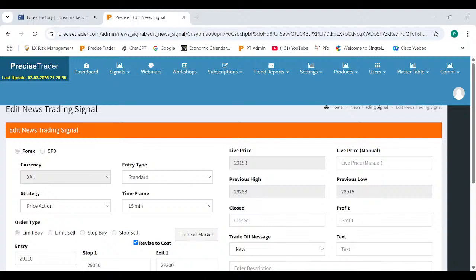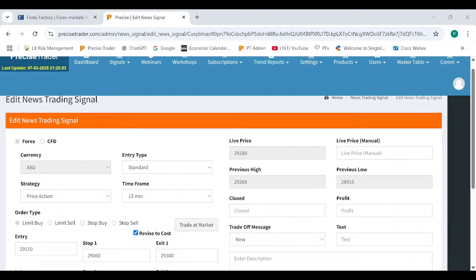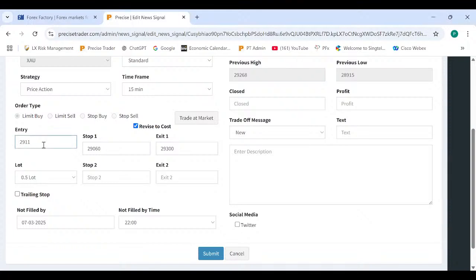Hello. Okay, the gold price looks like it's already coming off before the news. So what we will do is we'll try to lower it to 0.3 half first.